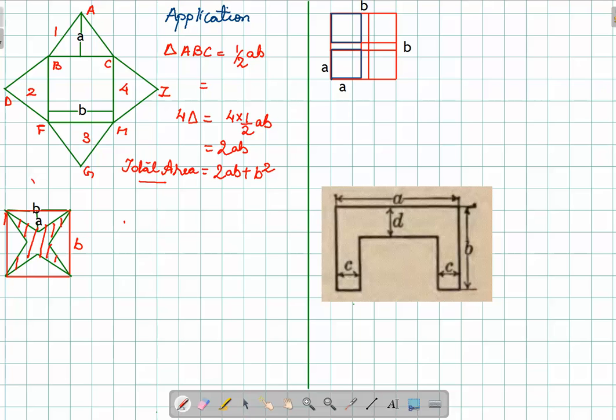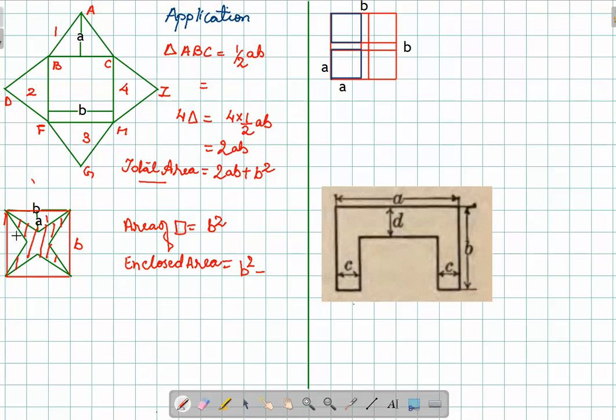So the area of the square will become B square. Now how do we find the area of the enclosed figure? So the enclosed area is the area of the square, that is B square, minus the area of four triangles.